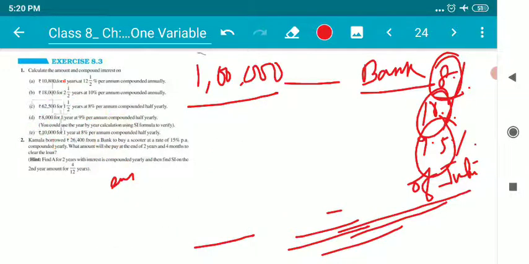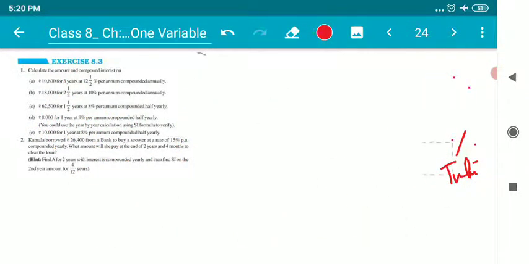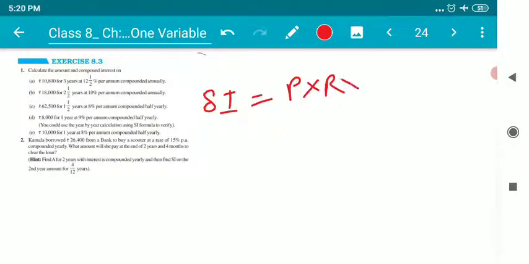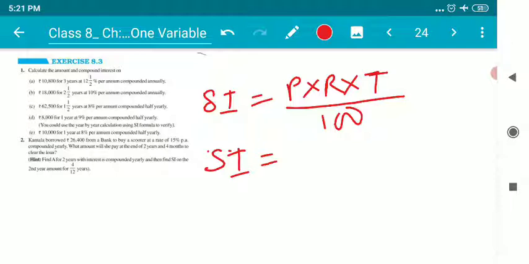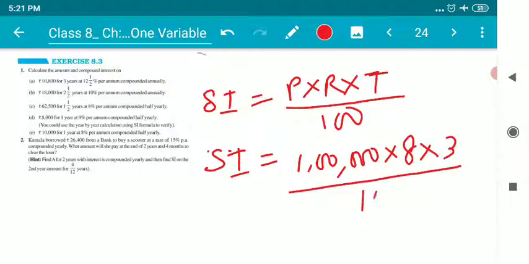We know the formula for simple interest: P into R into T by 100. So SI is equal to P, which is 1 lakh, the principal amount. R means rate of interest, which is suppose 8%, so I'll write 8. Time is 3 years, divided by 100.